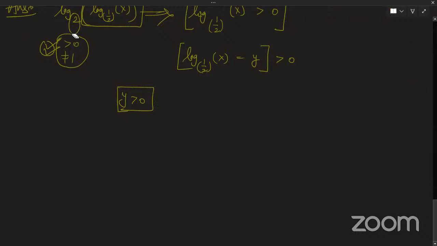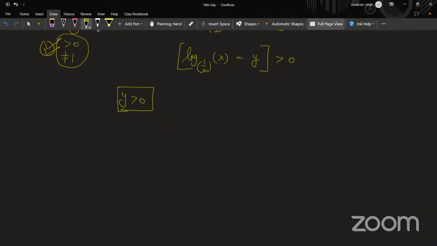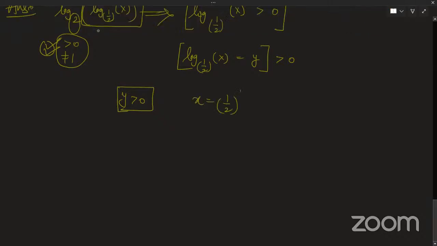Since its base is lesser than 1, it will behave in the opposite manner. So my value of x will belong from 0 to 1. And yeah, you made a mistake. When you told me lesser than 1, you should have mentioned that it should be greater than 0 also.